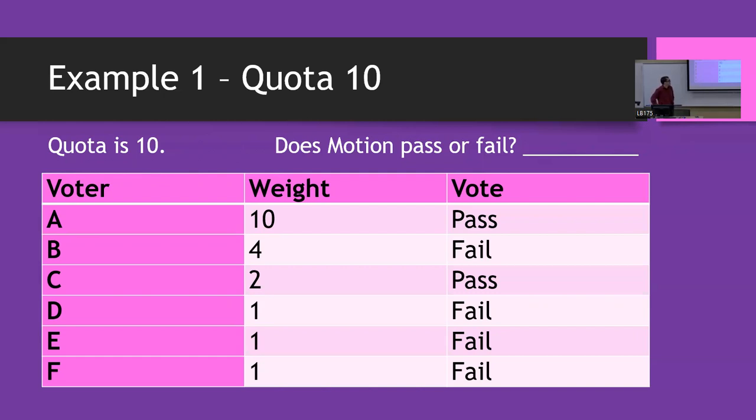Now, if the vote had person A and person C voting to pass, A and C together have 12 votes. And all 12 votes are to pass.